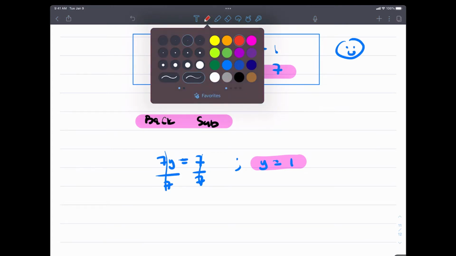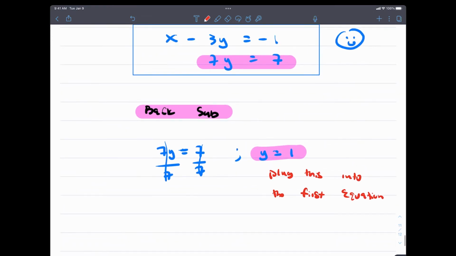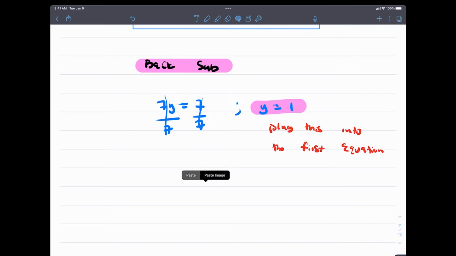What do you think you use for this now? You're going to plug this into the first equation. This is back substitution. So y is 1, and that goes here, because that's y. Now, how does this help you? Plug that value back in.